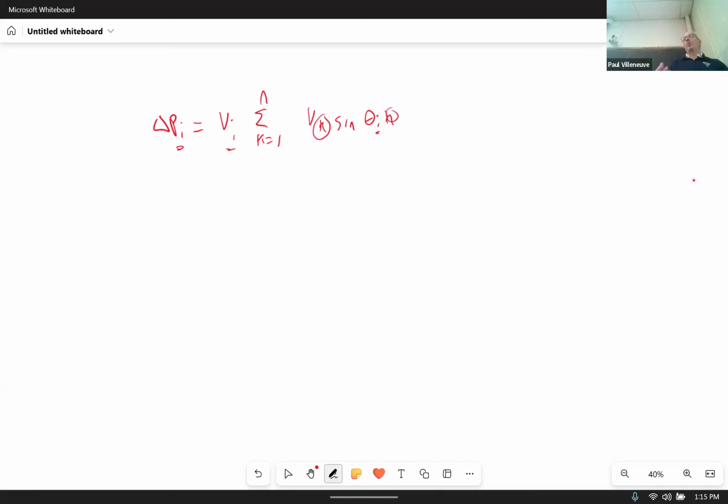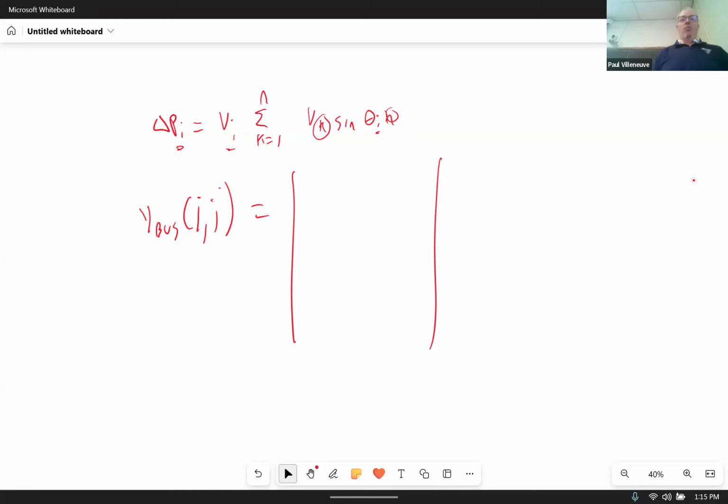The k goes from 1 all the way to N. If I did my Y bus of i comma j, that's the elements of my rows and columns inside my Y bus. So that's an actual matrix location. Whereas over here, I'm actually doing a math summation to get those parameters. So I'm pulling out, let's call this Gik, wherever that physical location is in the matrix and then putting it up front.